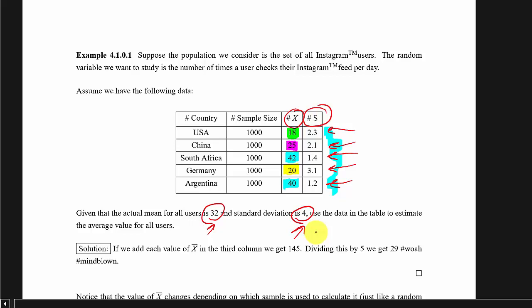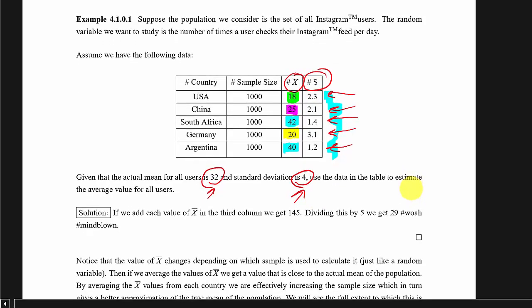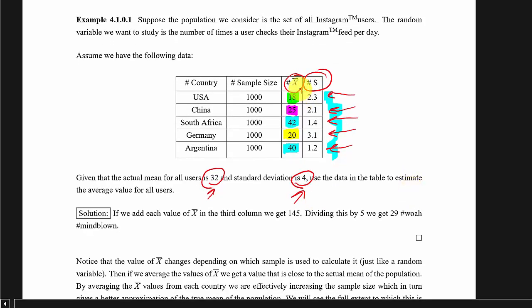Okay? Well, if we add each value of x bar in the third column, in other words, what we're going to do is add up all of these means here. If we add all of these up, that gives a total of 145.